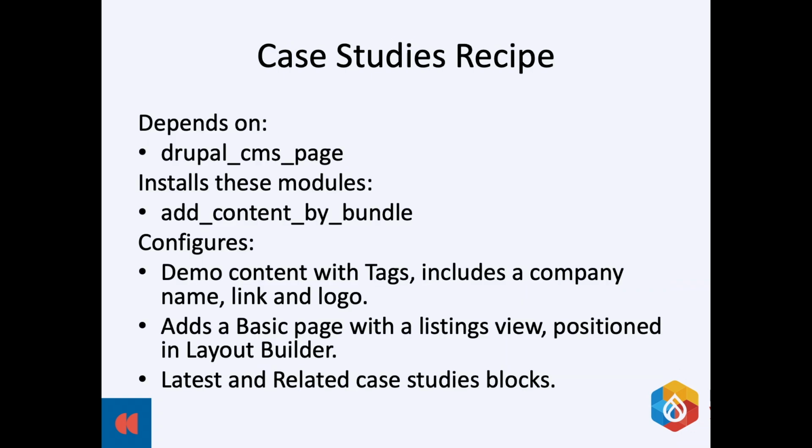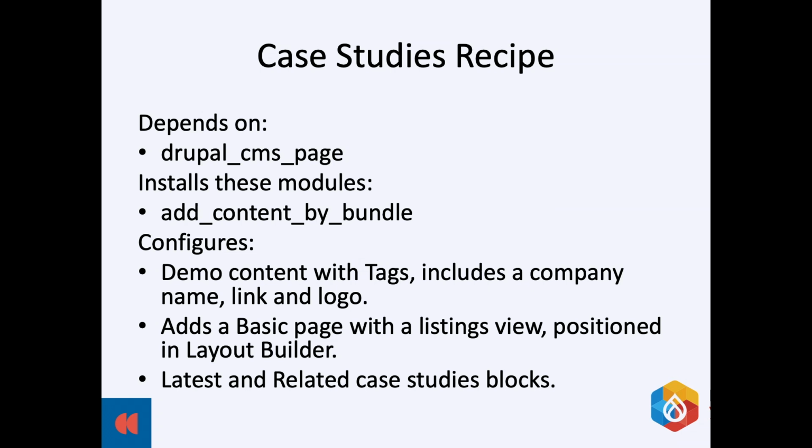Case studies recipe relies on the page, and we've got the add content bundle, by bundle rather. This one has some extra fields, so we've got a company name, link and logo, but again the demo content is a basic page with a listing. That's positioned in Layout Builder, and the same kind of blocks appear, latest and related case studies blocks.